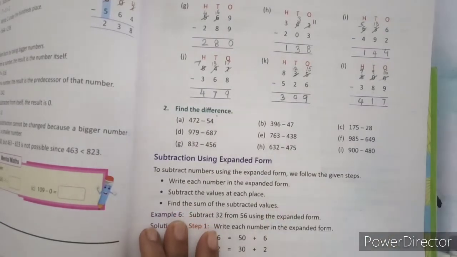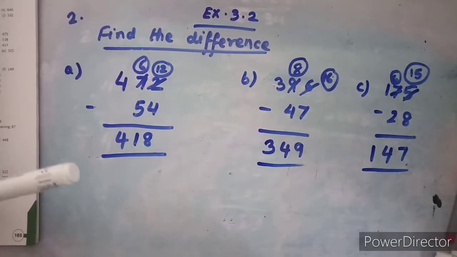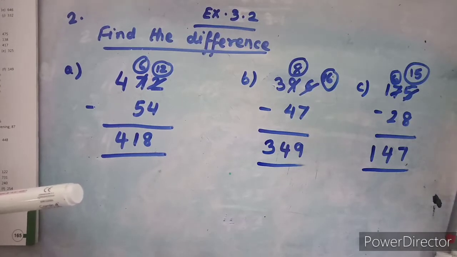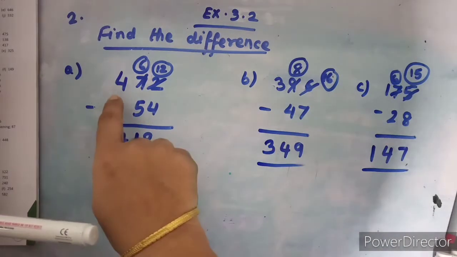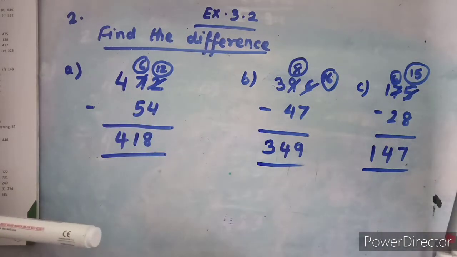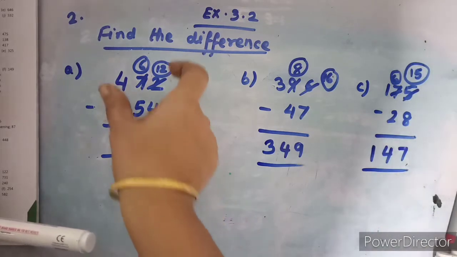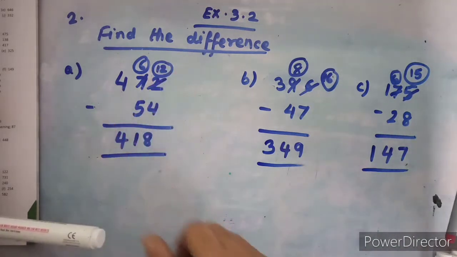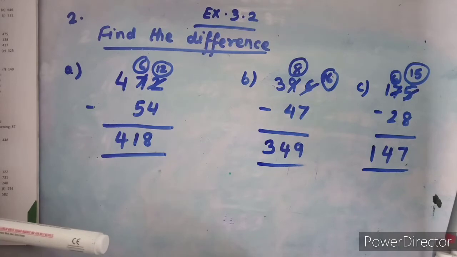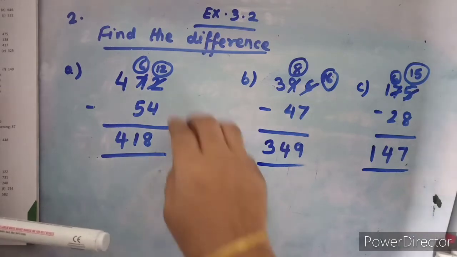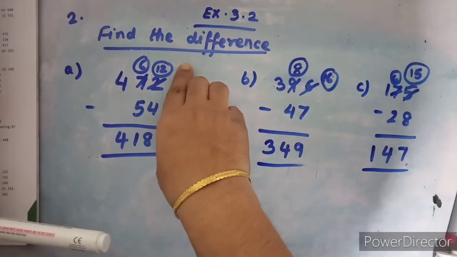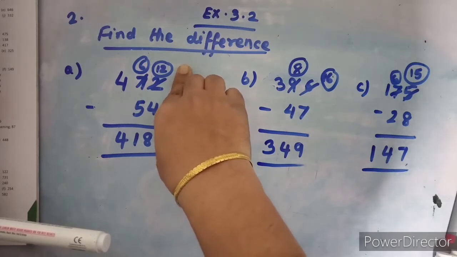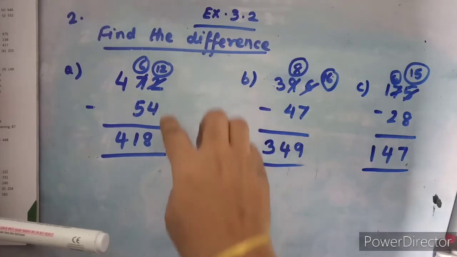Okay, now students, if you come for question number 2, just see I have done 3 problems for you. So here you have first problem as 472 minus 54. First try to arrange it, अरेंज कर लीजिए, बाद में आप उसको कैलकुलेशन कीजिए. ठीक है, now we have taken 12 as carry over, okay, as a borrowing number, and then 12 minus 4 is 8.